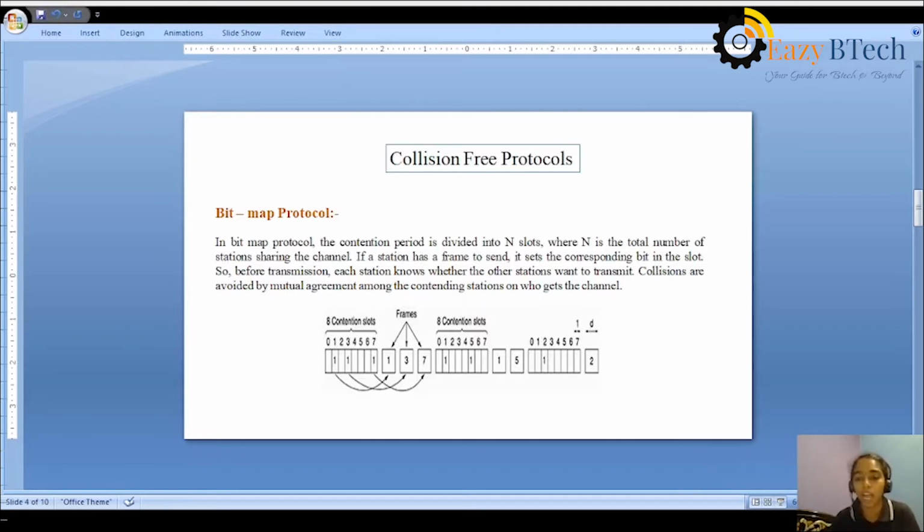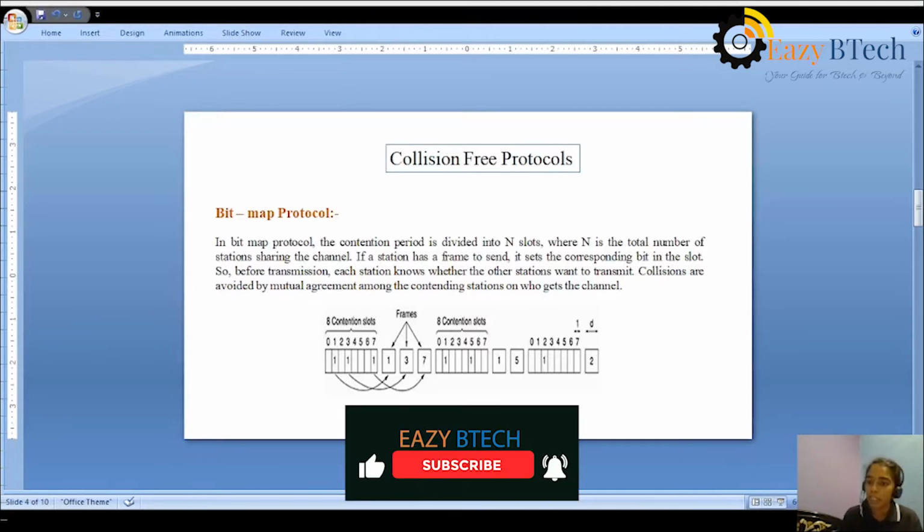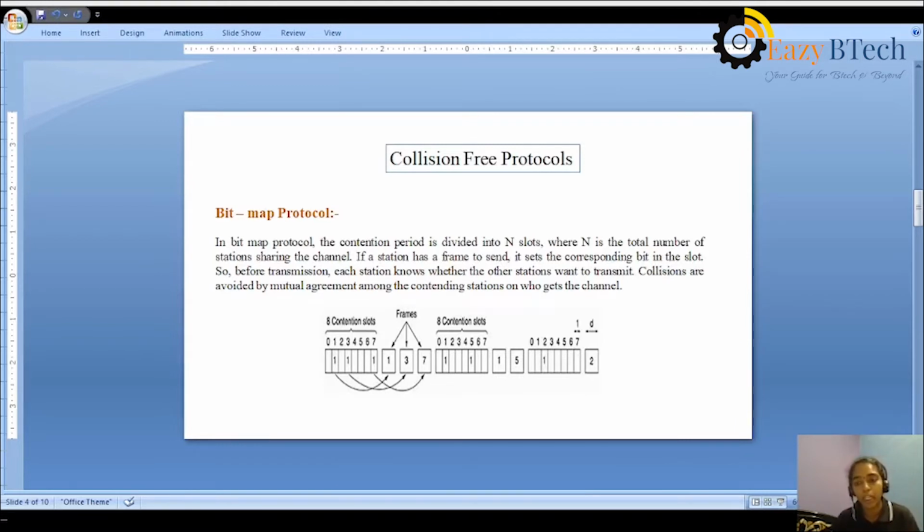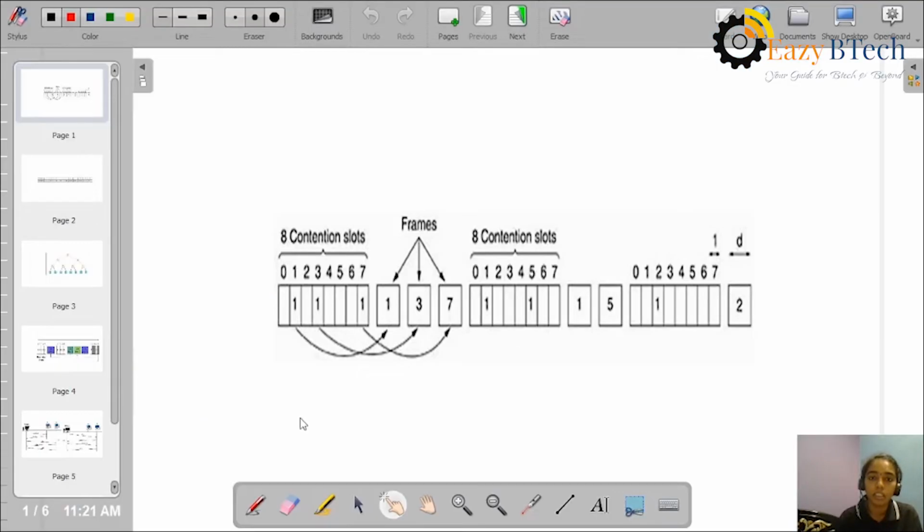I will show one diagram here of how the contention period is divided into n slots, which stations want to communicate, and how the mutual agreement is reached between stations to use the shared channel. This is the bit-map protocol.